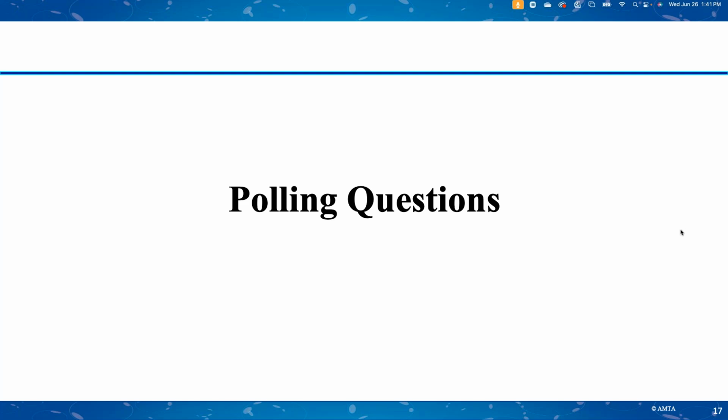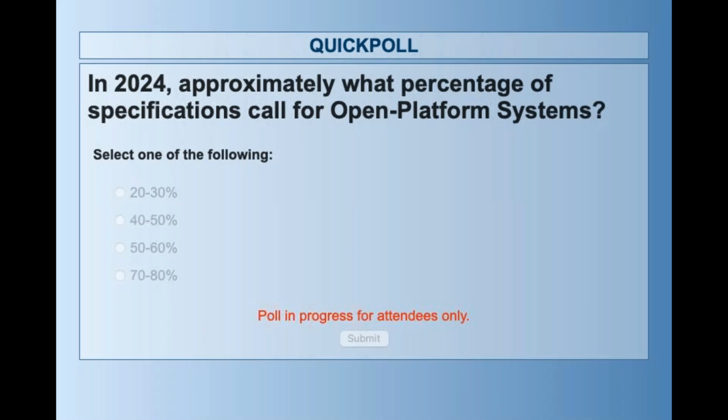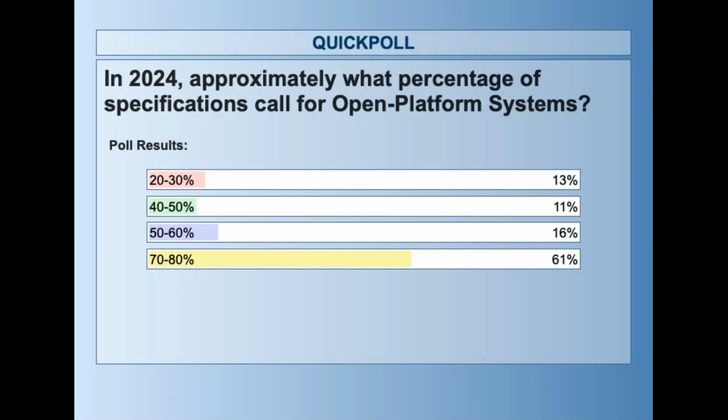Okay, and then let's do another poll question now. Okay, in 2024, approximately what percentage of specifications call for open platform systems? Is it 20 to 30%, 40 to 50%, 50 to 60%, or 70 to 80%? Give you a moment to answer that. Okay, if you haven't done so, please submit your answer, and we'll close it and see.